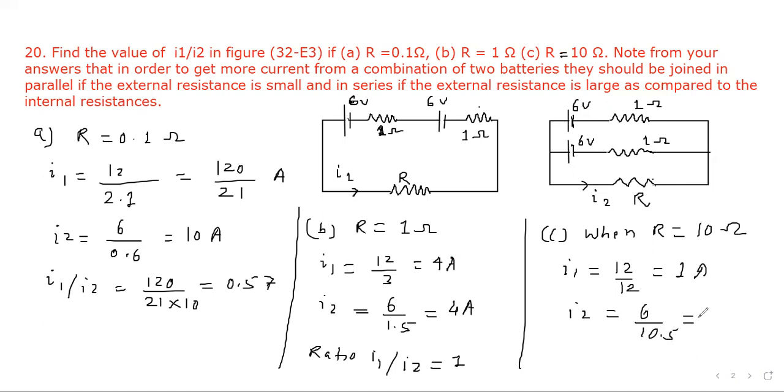So this will become 60 divided by 105, we can leave it here. Now we find the ratio of the two, I1 upon I2. So the ratio will be 105 divided by 60, so 1.75. Now let's go to the next question.